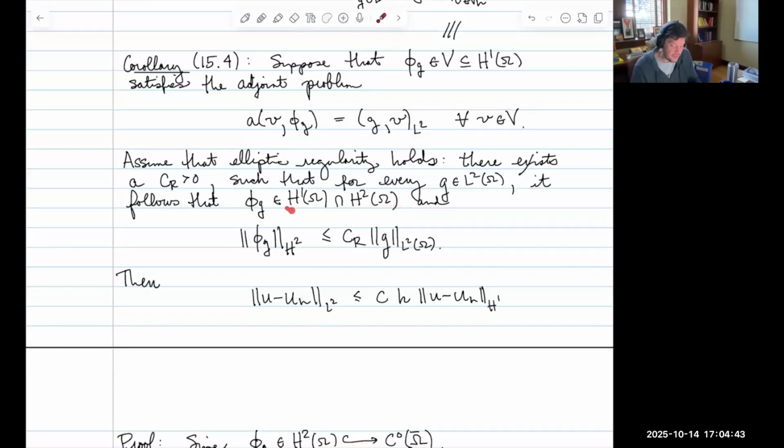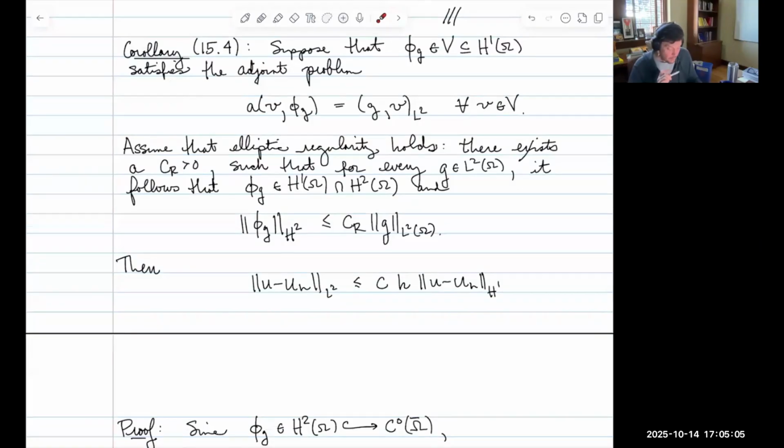Okay, I could put V here as well if I wanted to. But it has this boosted regularity of H2. And furthermore, the H2 norm of phi g is less than that regularity constant that I said existed there, CR, times the L2 norm of G.